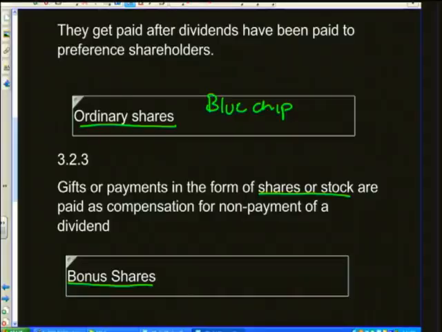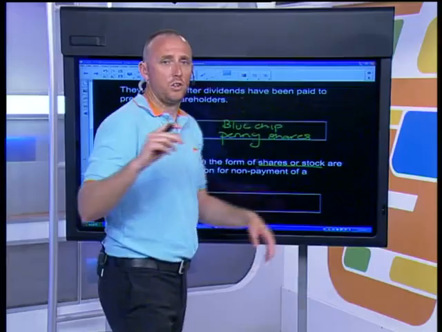And then we get something called penny shares, right? These are the shares that you can go and buy for 30 cents, 15 cents a share, right? They're very, very cheap. Now, more often than not, there's a reason why they are that cheap, right? However, they are very affordable for new time investors like you guys. Just make sure you guys know the difference between them there.